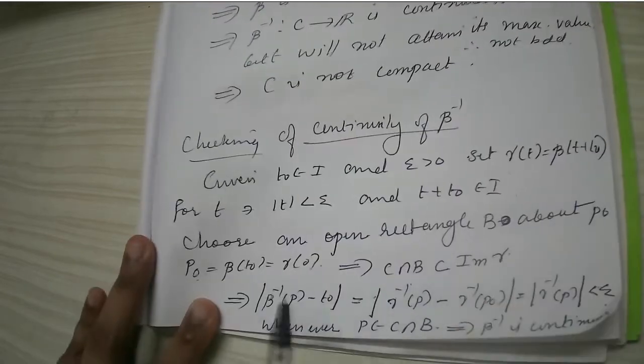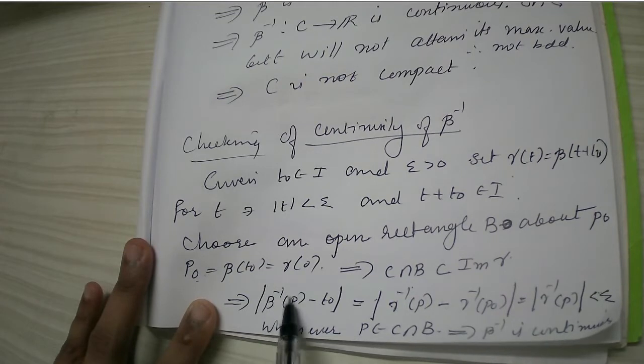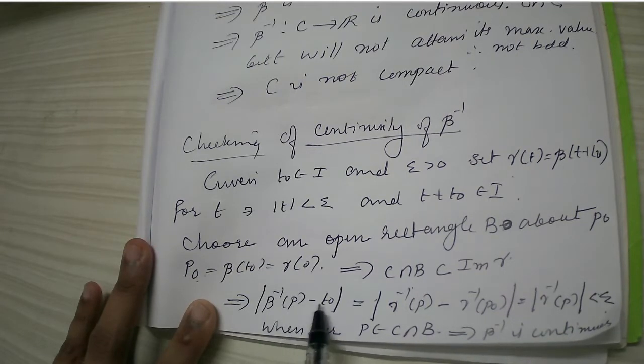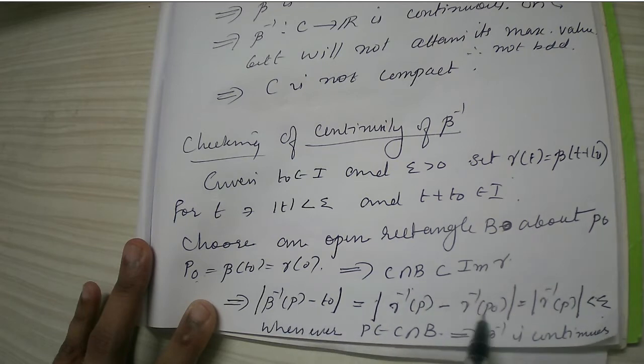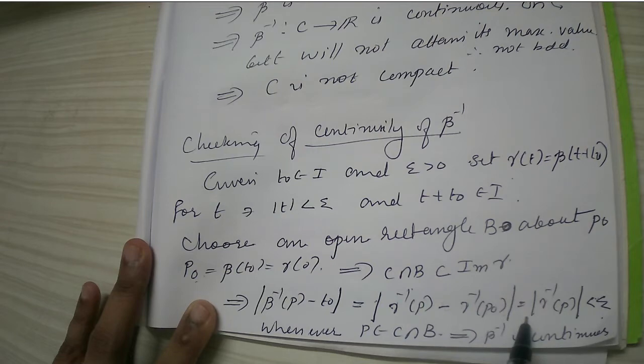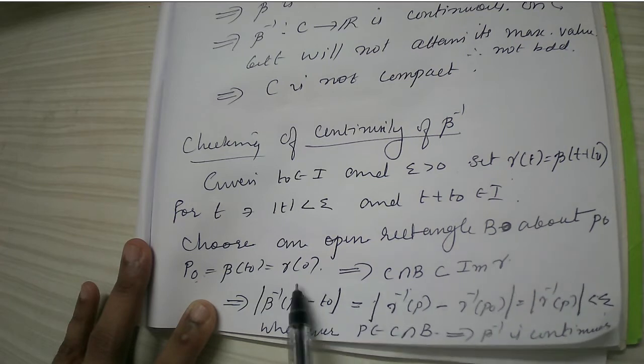Okay, then what will happen? You have to prove that it is continuous, right? So beta inverse of P is the same as gamma inverse of P. You can write T naught as gamma inverse of P naught, correct? Because gamma inverse of P naught will come as 0.